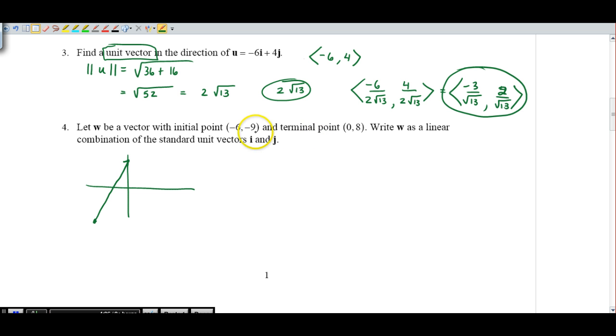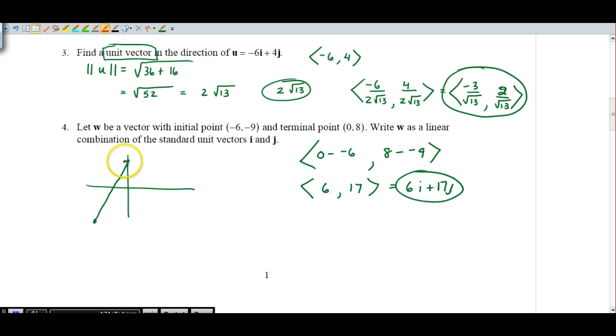So what I can do is subtract 0, take away negative 6. That's the first element. And the next one will be 8, take away negative 9. So it's going to be 6, 17, which translates to 6i plus 17j.